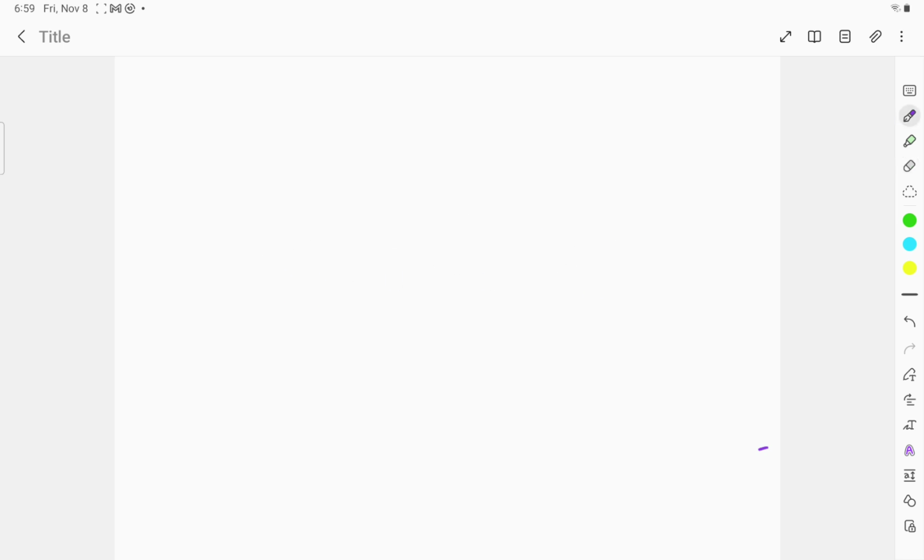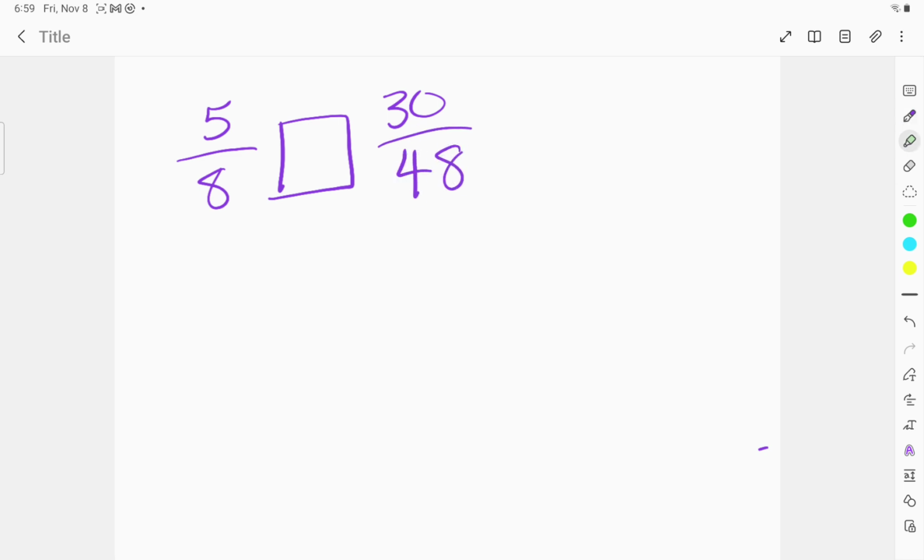So you want it to be in lowest terms, but you do not want it to be a mixed number. All right, so then in 7 through 12, you're looking at greater than, less than, or equal to. The first one there is 5 over 8, and then it has your little box, and then 30 over 48. So you're going to cross multiply.